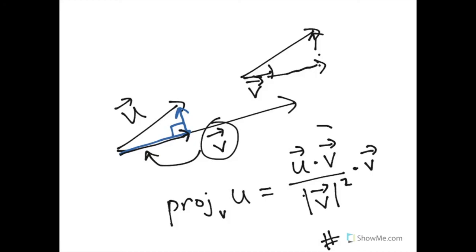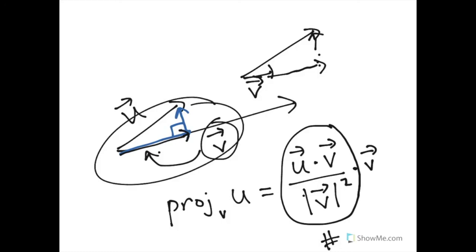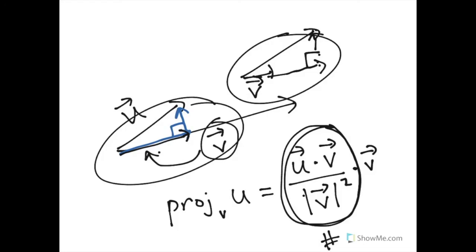What this fraction piece does is it scales v to either make it shorter, if that's what's needed, like in this picture here, or to make v longer, like in this picture right here. So this dot product helps scale v correctly so that we end up getting a vector that is perpendicular to another one that gives you u.